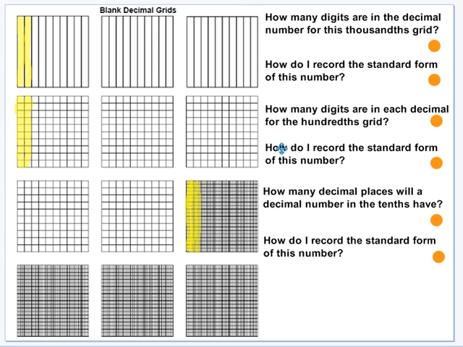How many digits are in the decimal number for this thousandths grid that's going down here? How do I record the standard form of this number? How many digits are in each decimal for the hundredths grid?